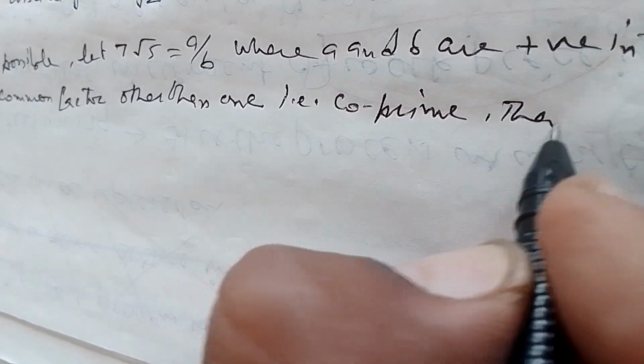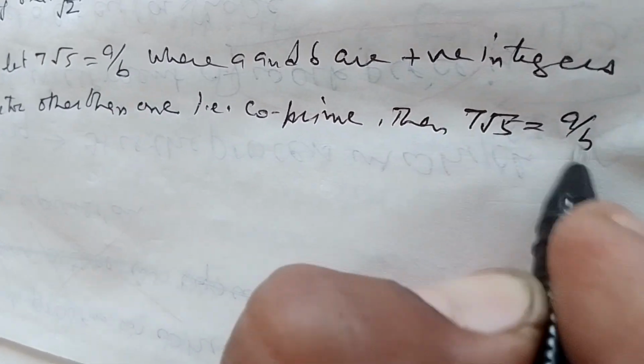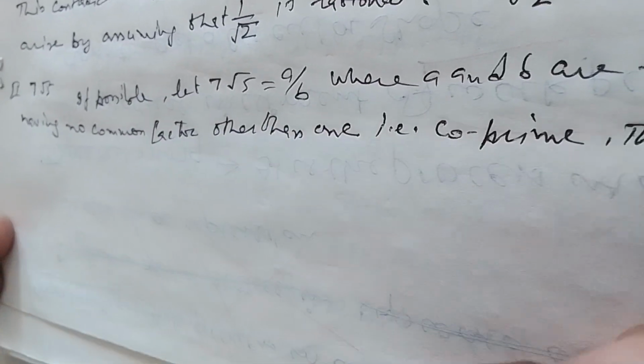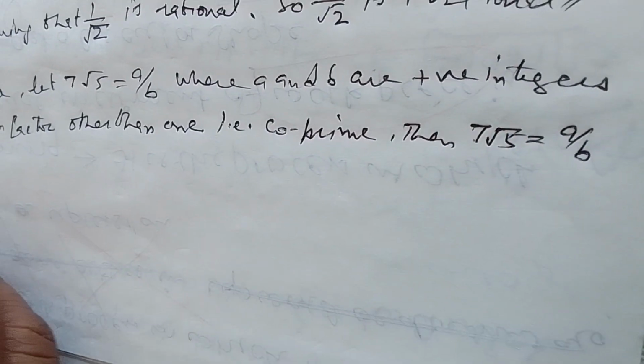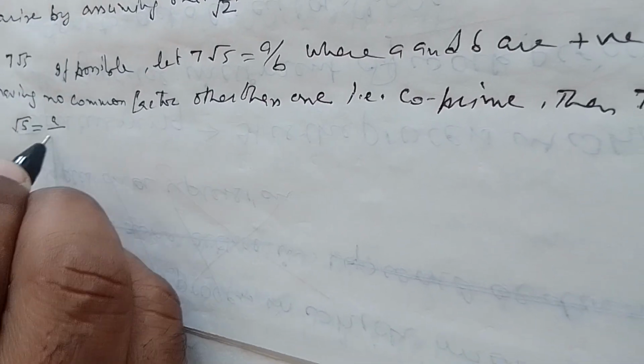Then 7 root 5 is equal to a over b, or we can write, taking 7 to the other side, root 5 is equal to a over 7b.